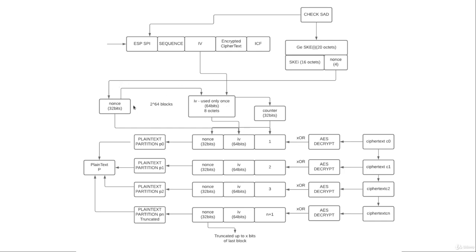Based on this lookup, it will also determine what the nonce is. The nonce is the last 4 octets of the keying material, which helps the recipient compose the counter key. The counter key is the nonce concatenated with the initialization vector and counter 1 through n+1 number of blocks.